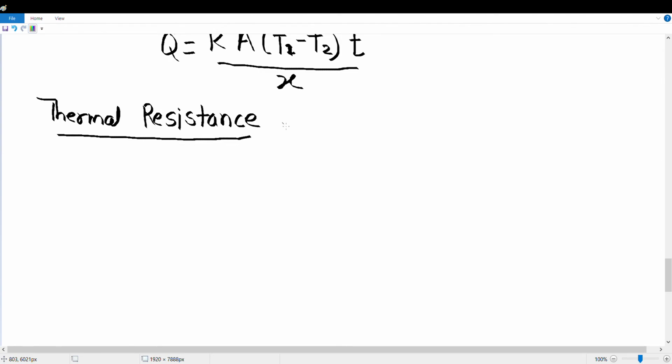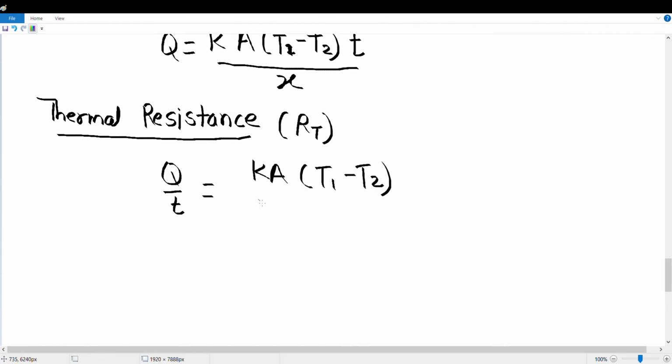This thermal resistance is denoted by RT. This equation is rearranged. We get Q divided by t is equal to K into A into T1 minus T2 divided by X.